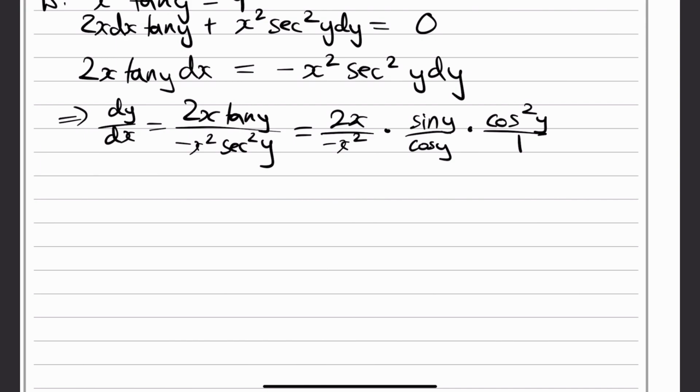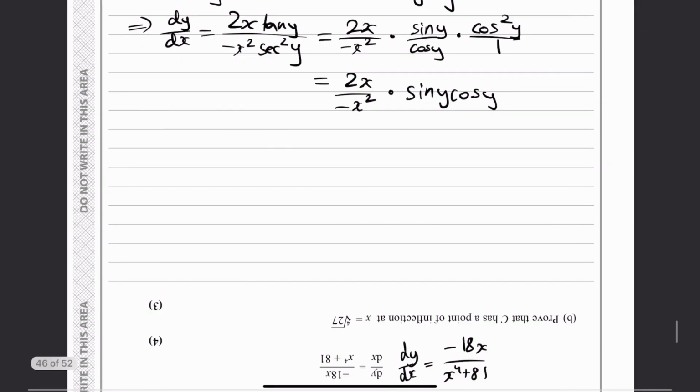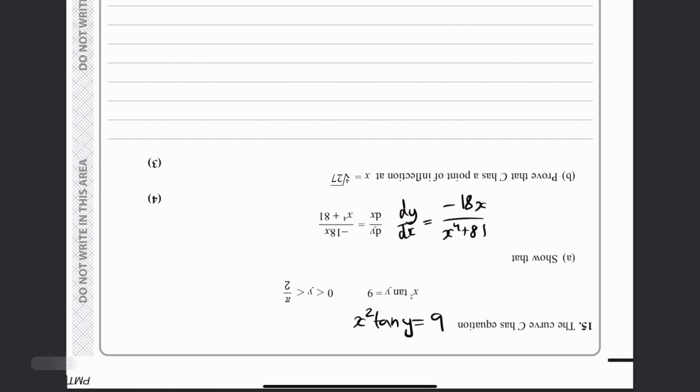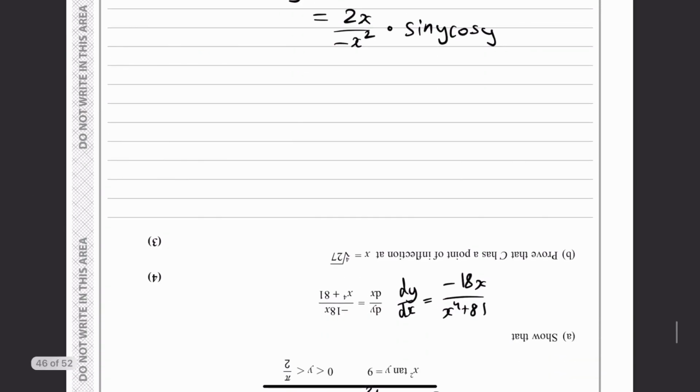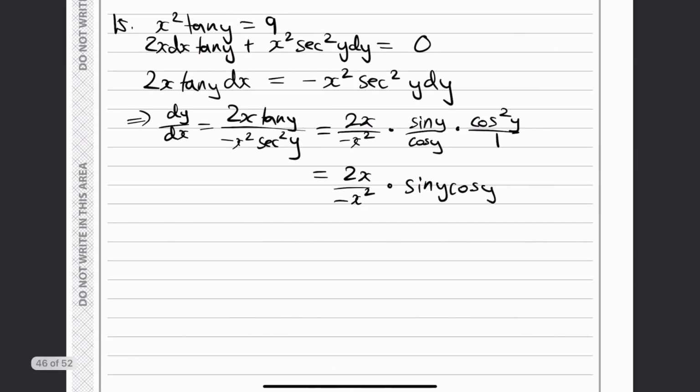So we do get one cancellation, but is it enough? It equals 2x over minus x squared multiplied by sine y cos y. Now where do we go from here? How has that managed to get minus 18x over x to the 4 plus 81 from this?